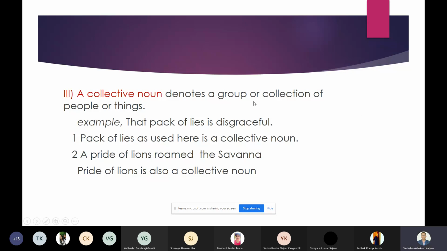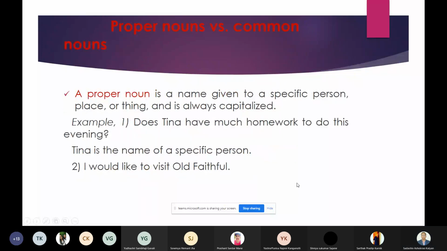Here we have the example in front of us. That pack of lies is disgraceful. Here the phrase pack of lies is used as a collective noun. Like this also, in the following example, the pride of lions roam the savannah. Again in this example, the pride of lions is also used as a collective noun.